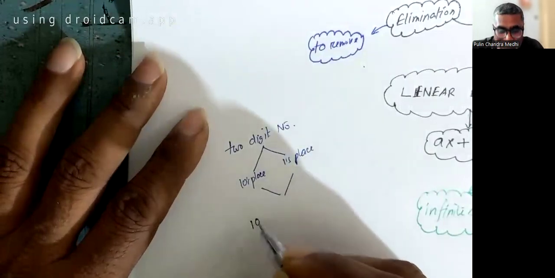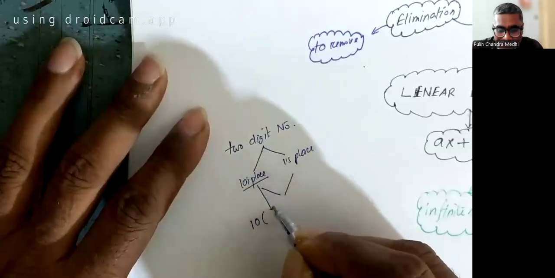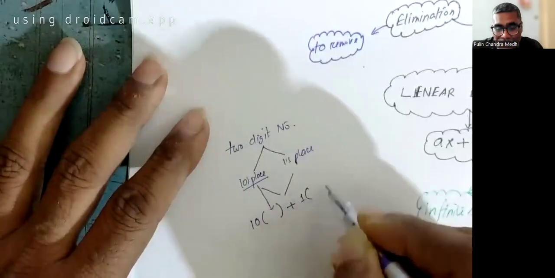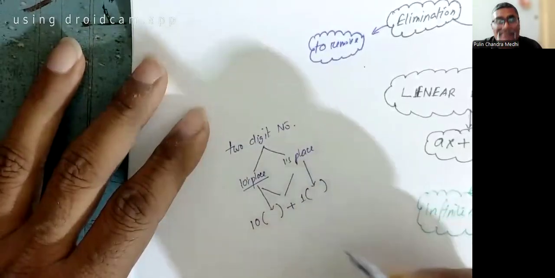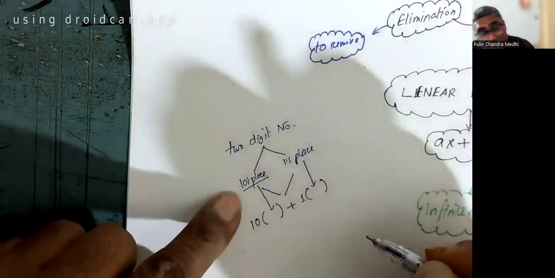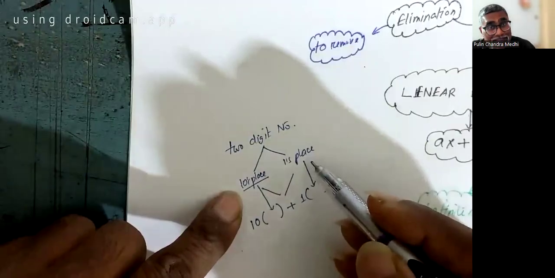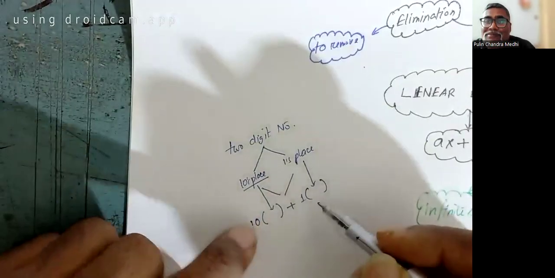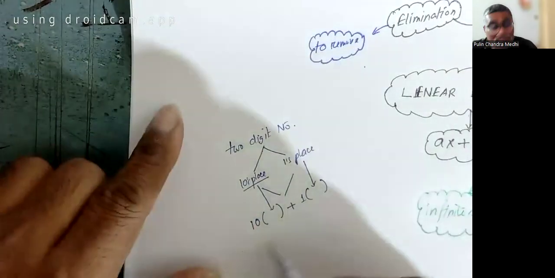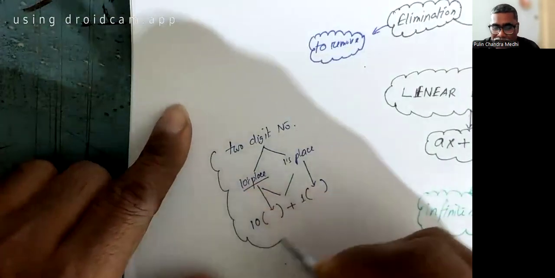I'll just write 10 into whatever tens place digit is there, plus 1 into whatever units place digit is there. Now in particular, if you take x for the tens place digit and y for the units place digit, then the number will be 10x plus 1y, that is 10x plus y. So this is a good revision. You can recall this, so you mark it.